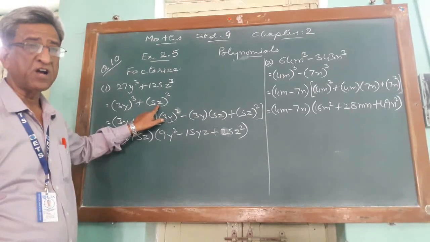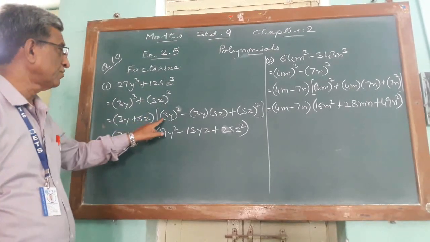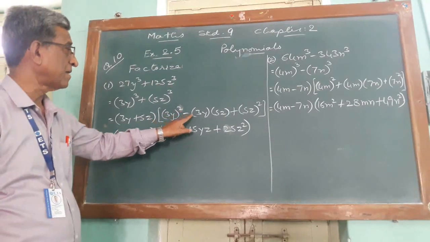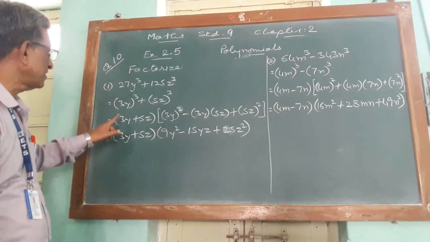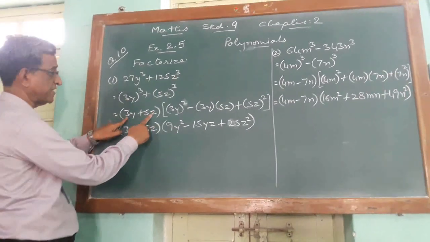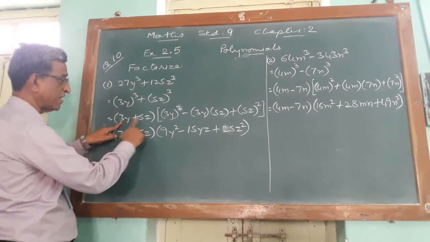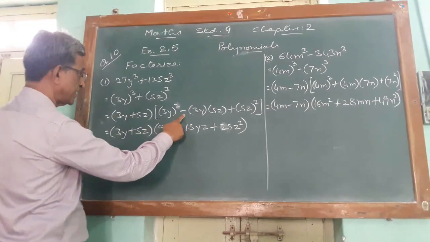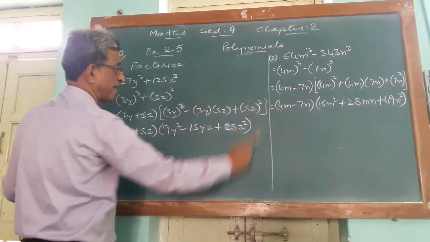What is the formula of a cube plus b cube? A plus b into another bracket a square minus ab plus b square. So here in the first bracket you will write 3y plus 5z, and then the square of 3y minus 3y into 5z plus 5z square.